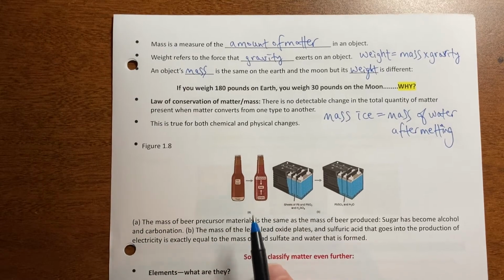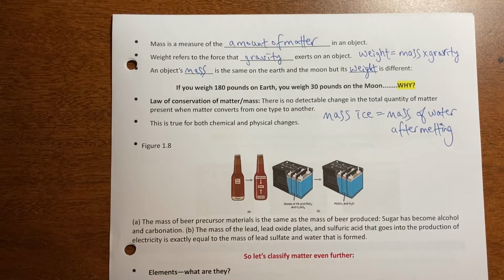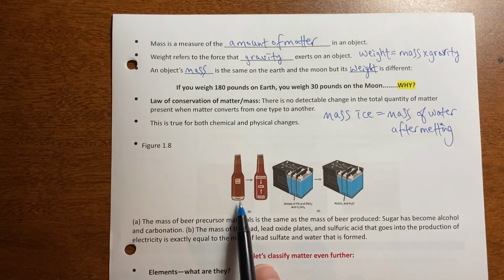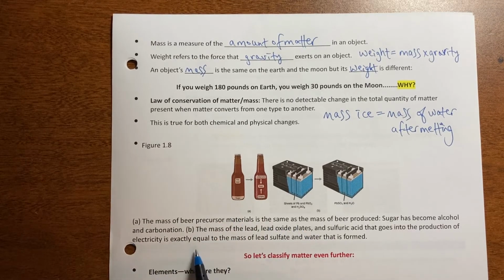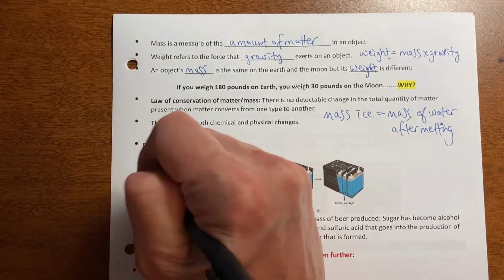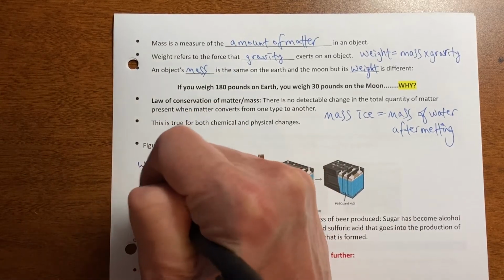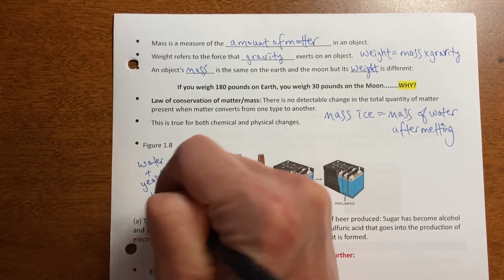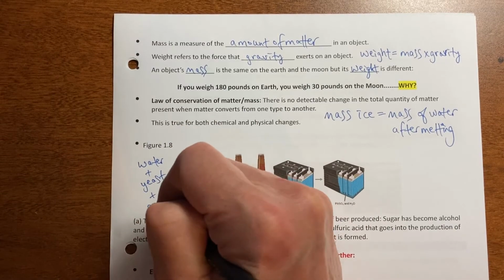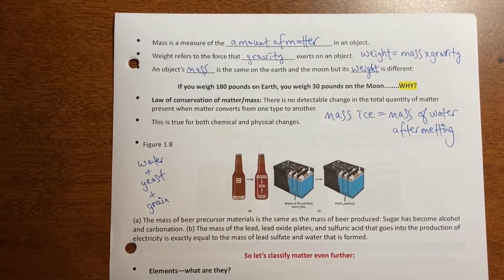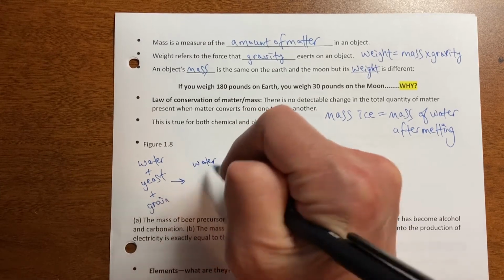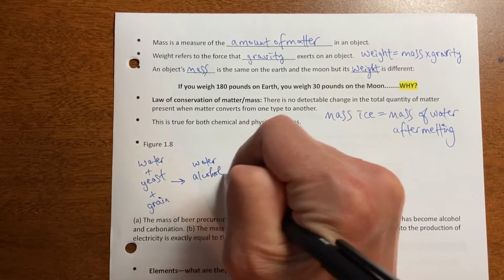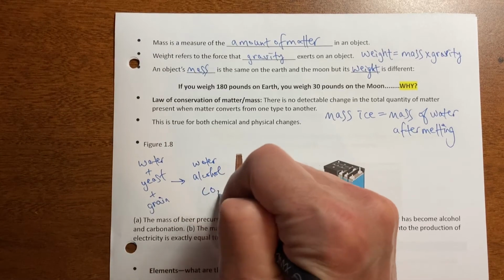So a couple everyday examples of the law of conservation of mass and energy is fermentation of alcohol into beer. The mass of the materials that go into the beer, which is water, and if you mix a little yeast and a little bit of barley or rye or rice, the weight of that, the mass of those, is the same as the water and the alcohol that's generated from the grain, and the CO2.